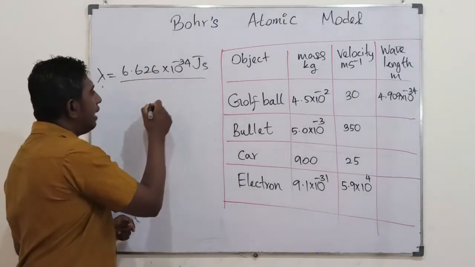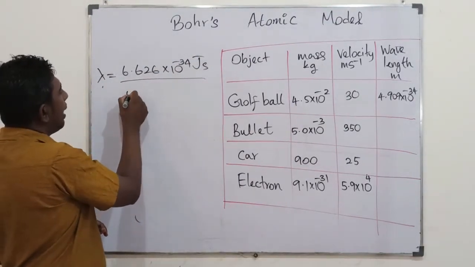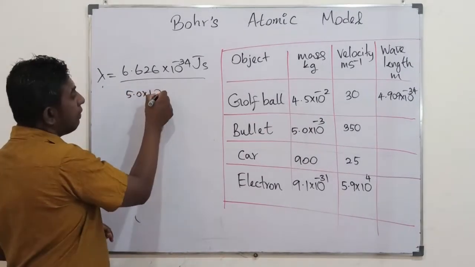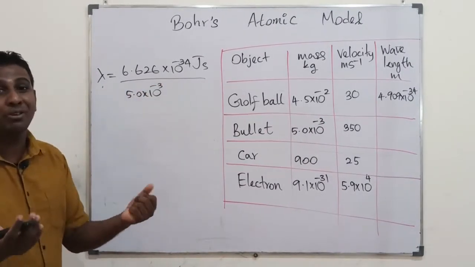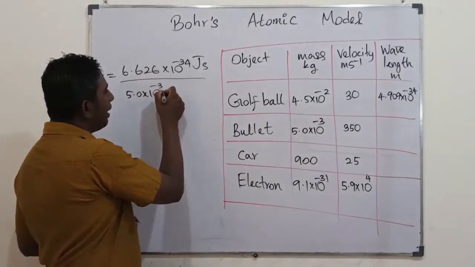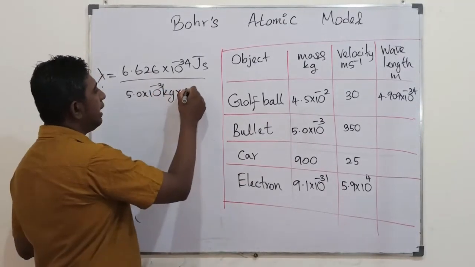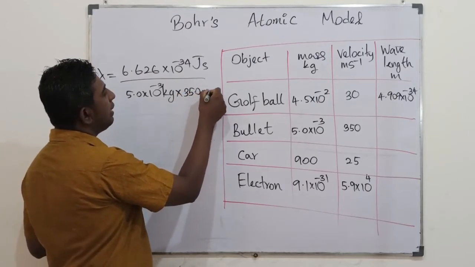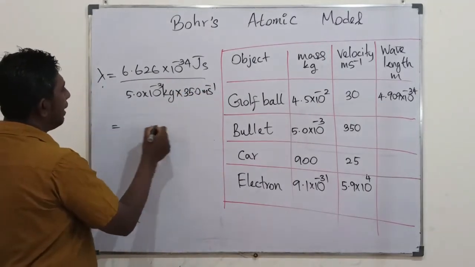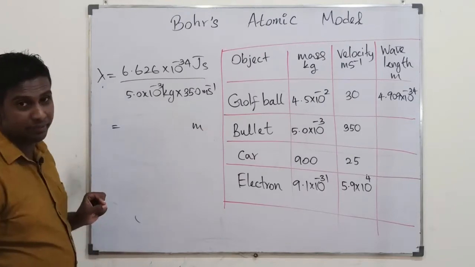Down there is the mass. Mass is 5.0 into 10 to the power minus 3, it's just 5 grams, in kilograms here. Into what's the speed? It is 350 meters per second. So what you get finally is the answer in meters.